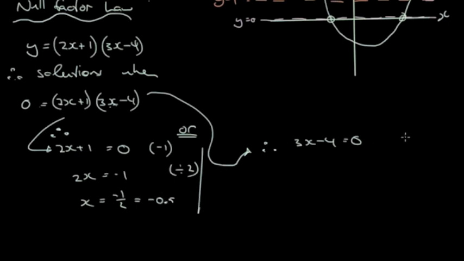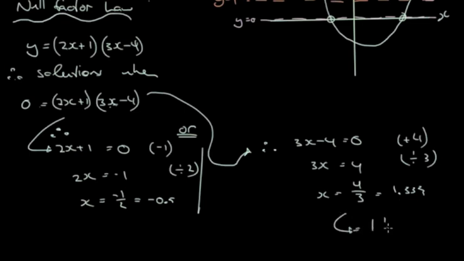And here, if we just add 4 to both sides, we've got 3x equals 4. Divide both sides by 3, and we've got x equals 4 on 3, which is the same as 1.333, because it's the same as 1 1/3.